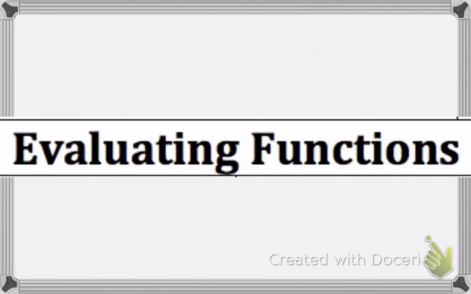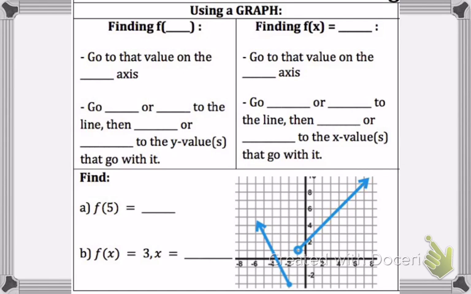All right, so evaluating functions, I think we're in the home stretch here. Using a graph, if we want to find f of some number, it's not a blank for you to fill in. It's f of any number. You can write a number below it if you want to, or just leave it as a blank.